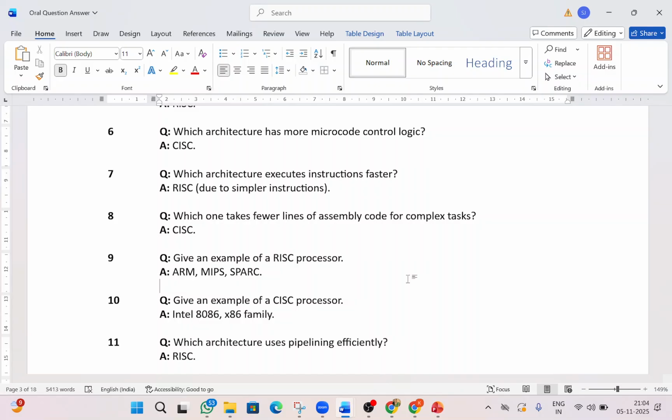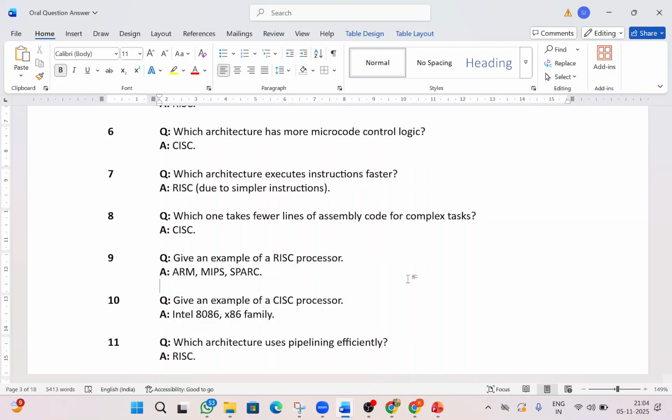Next question: which one takes fewer lines of assembly code for a complex task? That is CISC. A single CISC instruction can perform multiple operations, so it will take fewer lines of assembly code for a complex task.